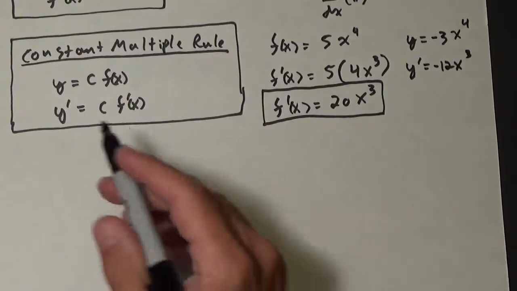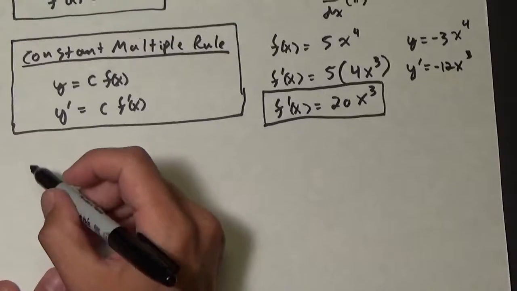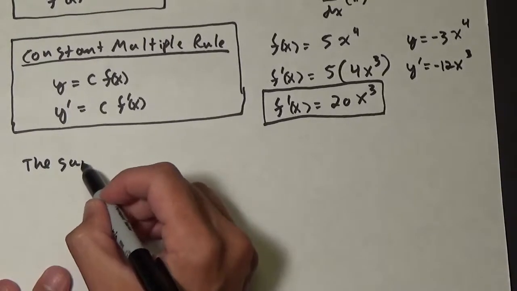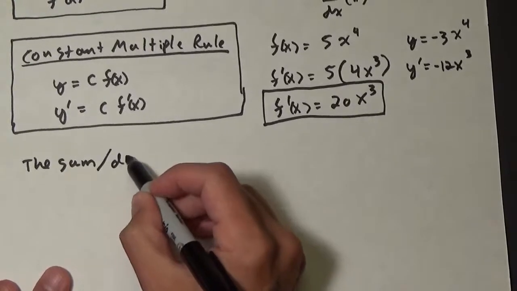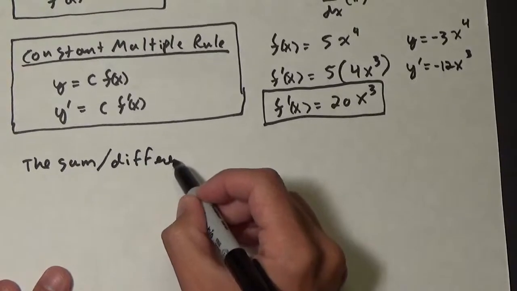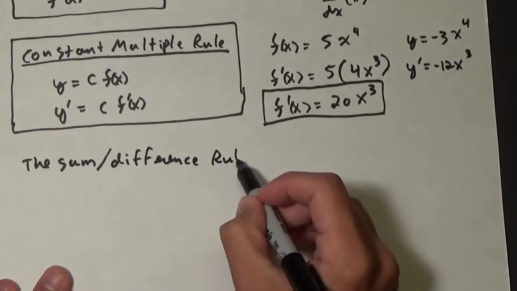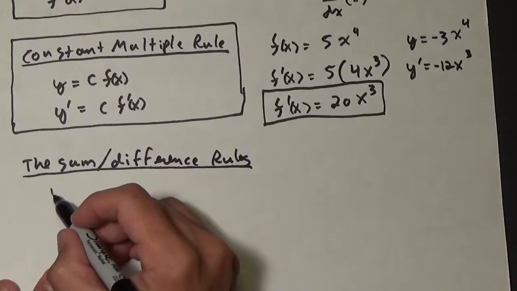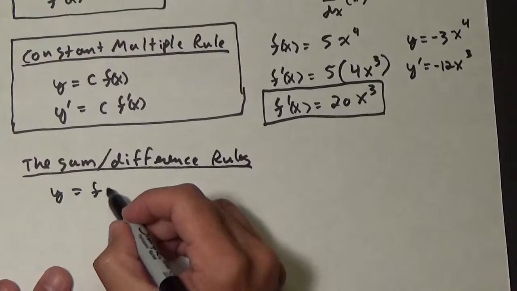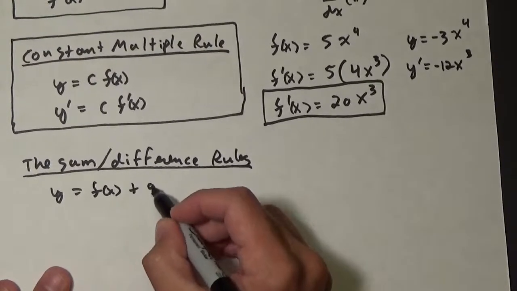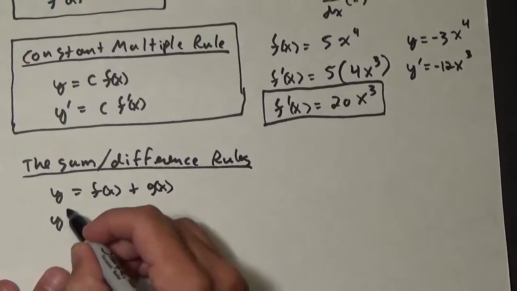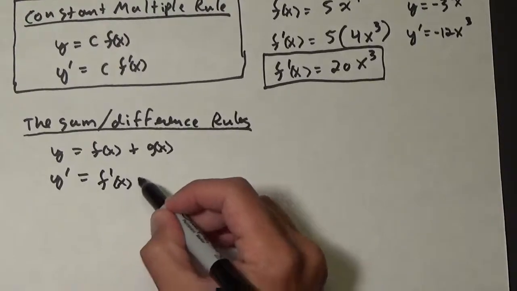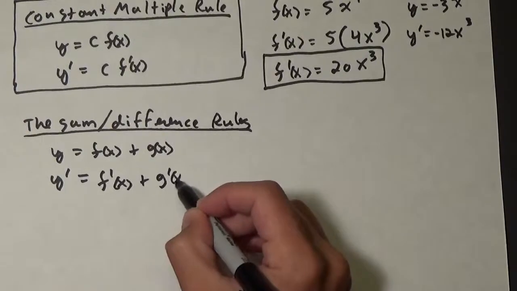Alright, let's do another rule. We're going to have the sum or difference rules. And this one just states, I'll just do the sum version, if y equals f of x plus g of x, then y prime is going to equal f prime of x plus g prime of x.